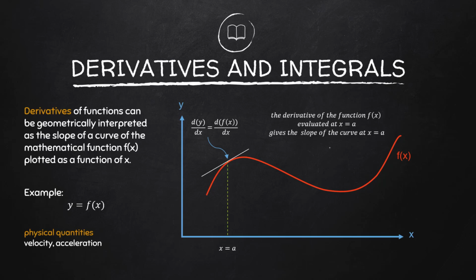So for example, our velocity is just equal to the change in position with respect to time. Similarly, acceleration is the change in velocity with respect to time. So those are the uses of derivatives in physical quantities. Not just geometrically, but we can also use it in physical analysis of these problems.